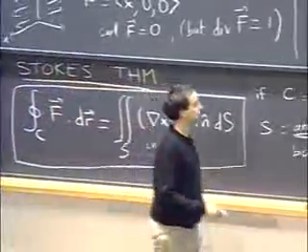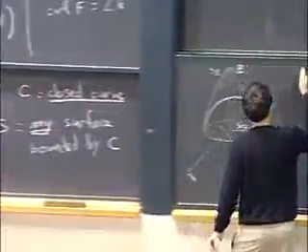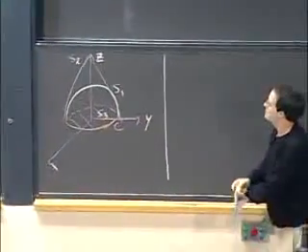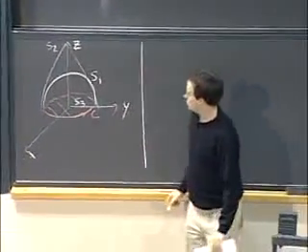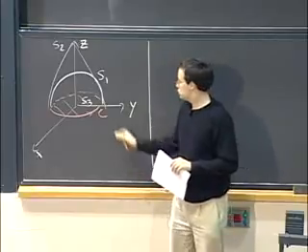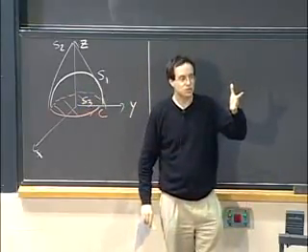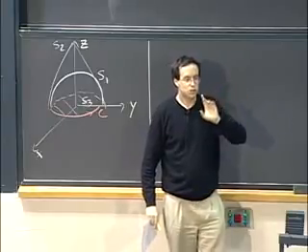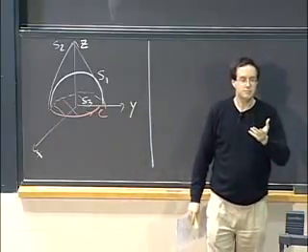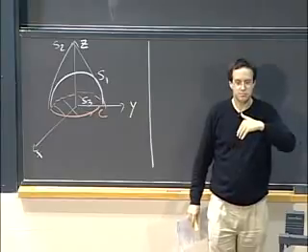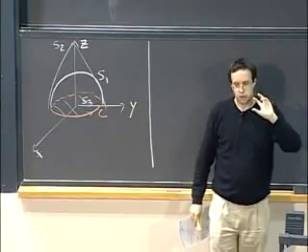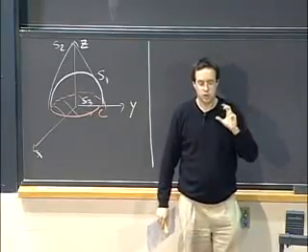Now, there's a catch here. The catch is we have to figure out what conventions to use. Because remember, when we have a surface, there are two possible orientations. So we have to decide which way we will count the flux positively and which way negatively. If we change our choice, then of course the flux will become the opposite.